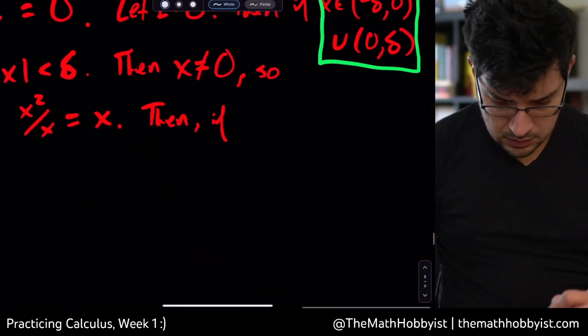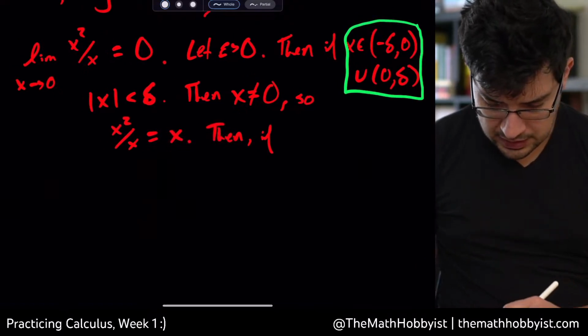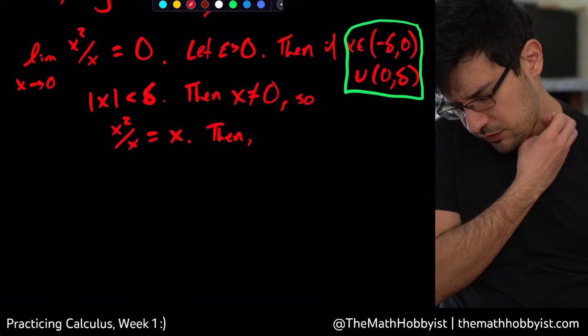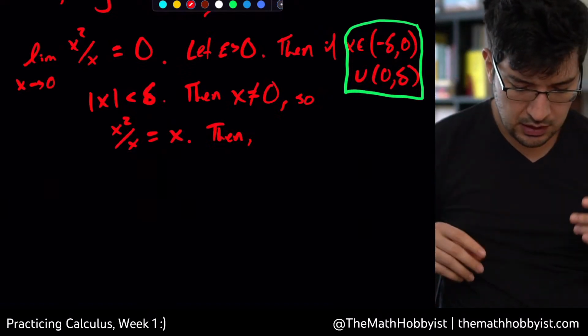Then I don't think Taalman would have wanted a full delta epsilon proof for this example.